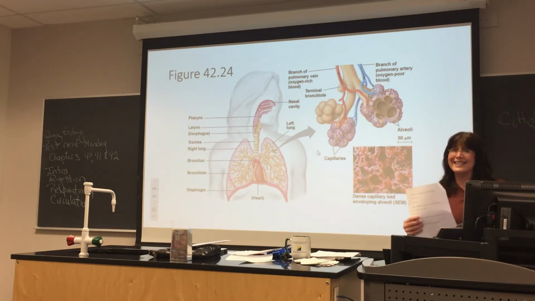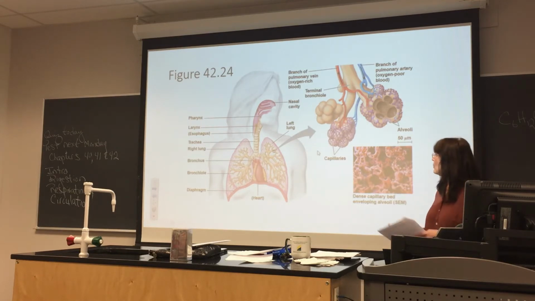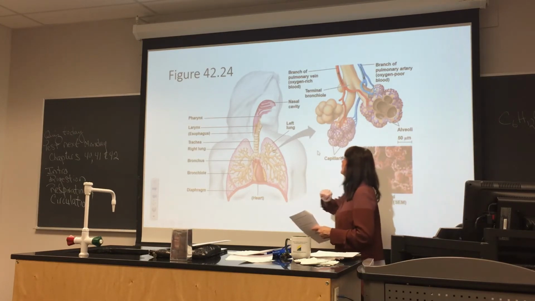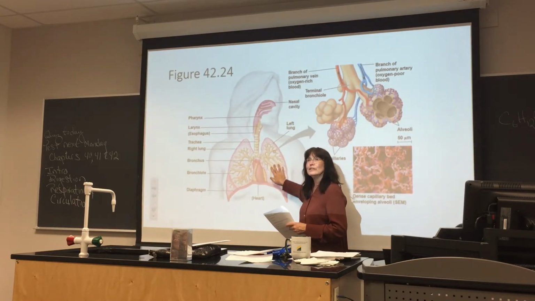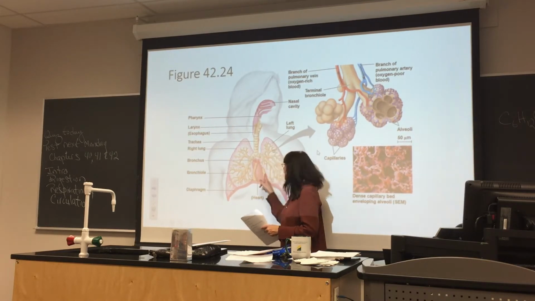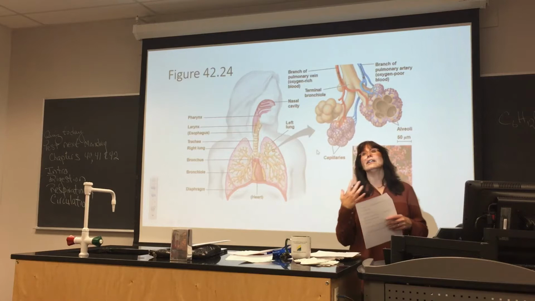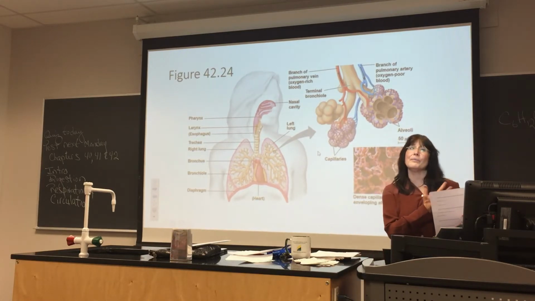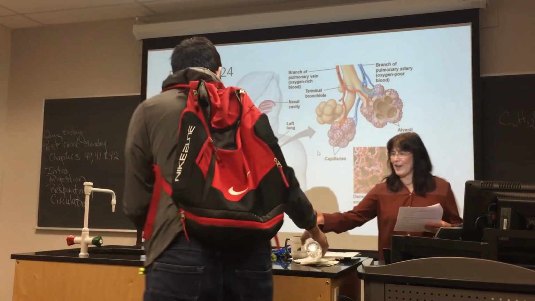There's a lot of redundancy in life just to protect yourself. So what happens if you have an injury or a stab wound here? You may lose the function of this lung, but if the other lung isn't affected, then you still have the ability to get oxygen through that other area.